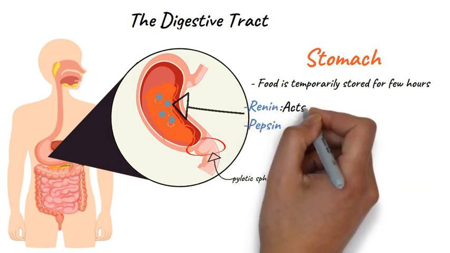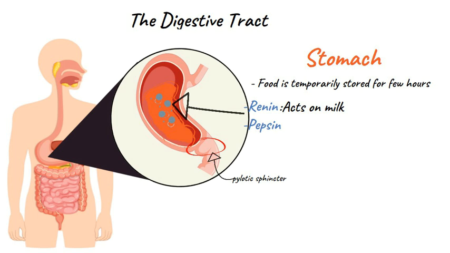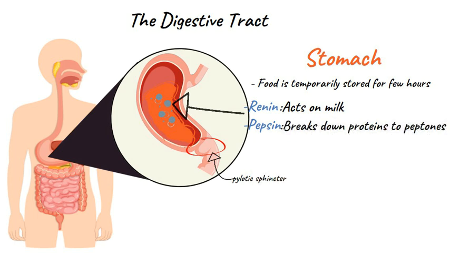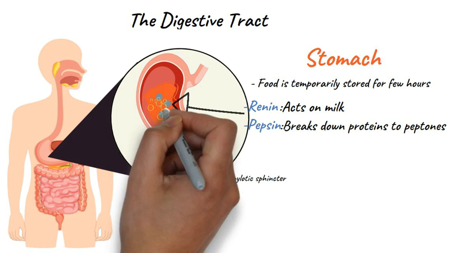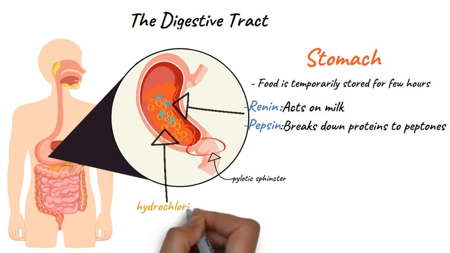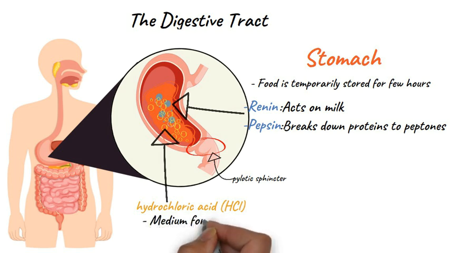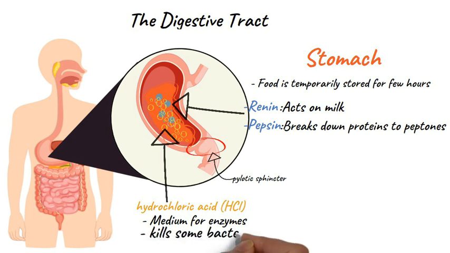Renin acts on milk while pepsin breaks down proteins to peptones. The gastric gland also secretes hydrochloric acid, and hydrochloric acid creates an acidic medium for the two enzymes to act. The hydrochloric acid also kills some bacteria in the stomach.